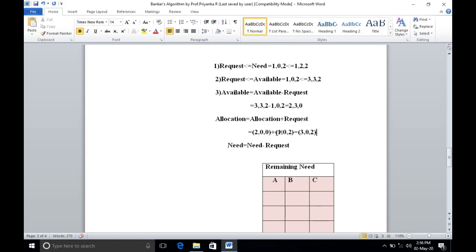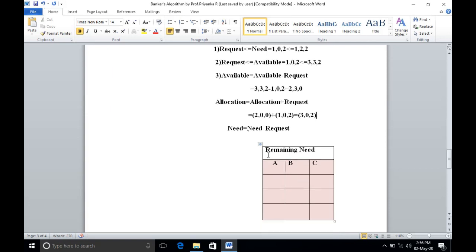So this is the allocation with respect to P1. Now we'll calculate need. Need is equal to need minus request. So 1, 2, 2 minus request 1, 0 and 2 will give us 0, 2, 0. This is the need.